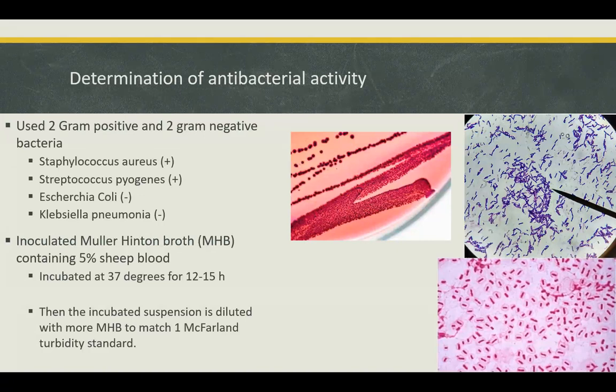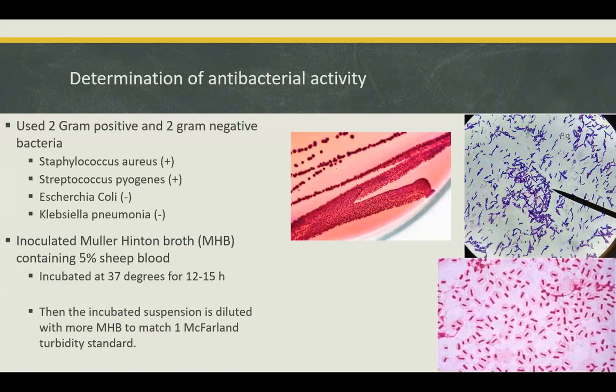For the determination of antibacterial activity, they used 2 gram-positive and 2 gram-negative bacteria. The gram-positive were Staphylococcus aureus and Streptococcus pyogenes, while the gram-negative bacteria were E. coli and Klebsiella pneumoniae.